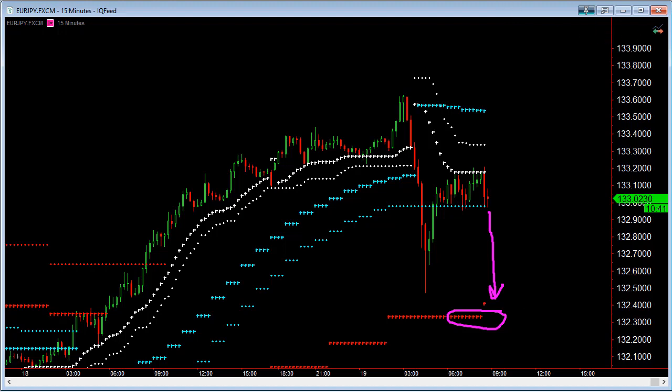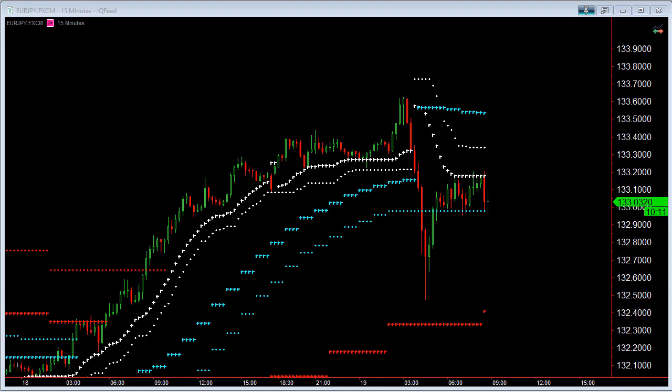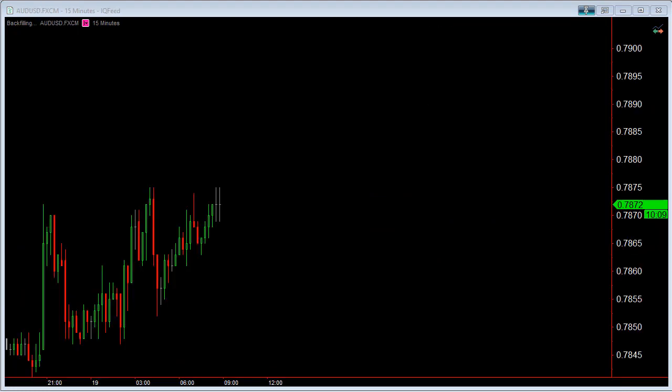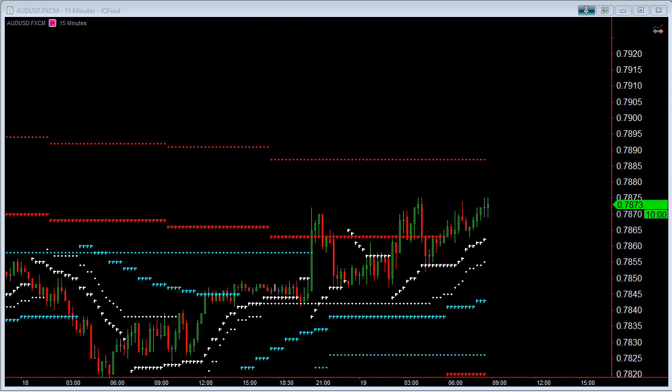Now, it's not just on the Euro Yen. You can actually go and look at the Aussie dollar. And again, the same exact scenario where it's actually playing off of these ATRs. And that's the reason I called it the ATR support and resistance.